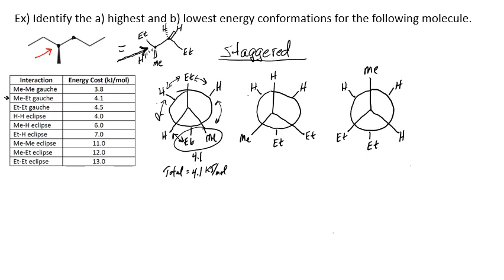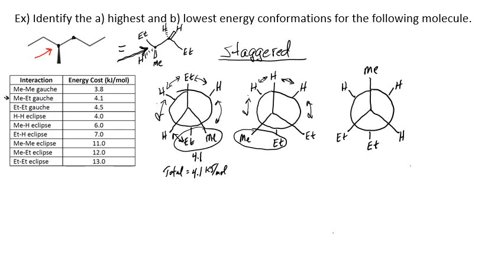Let's do the next one. Hydrogen costs nothing. Hydrogen methyl costs nothing. All right, 0. But we do have two gauche interactions. I've got a methyl-ethyl gauche. Remember, gauche is two non-hydrogen groups that are 60 degrees apart.